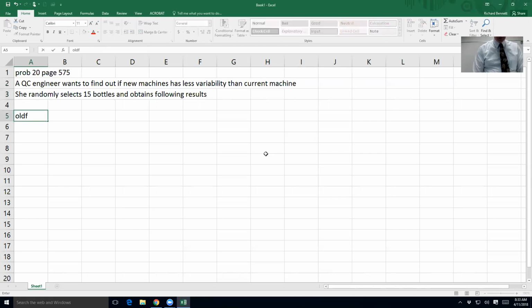So I got old, I got new. 1604, 1610. This is on page 575. So we'll treat this as if we don't know what kind of test it is, although we kind of gave it away already.